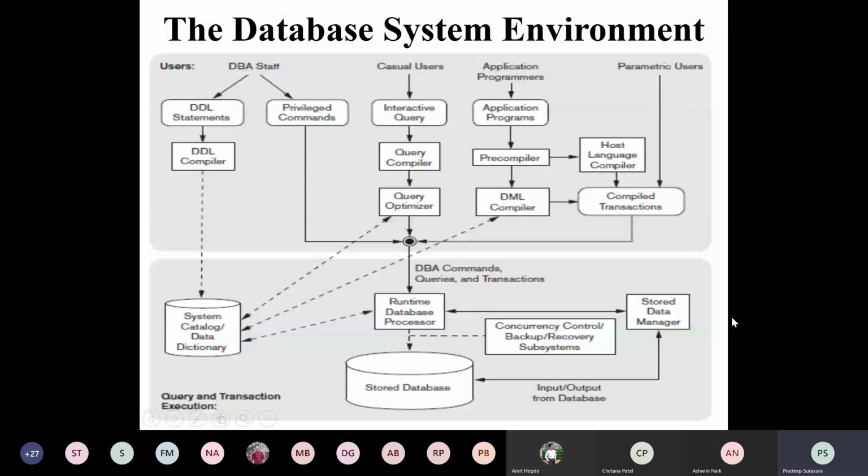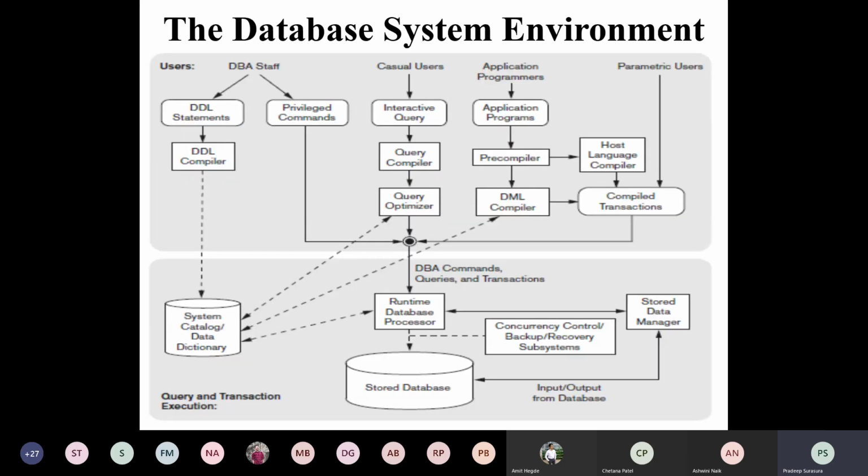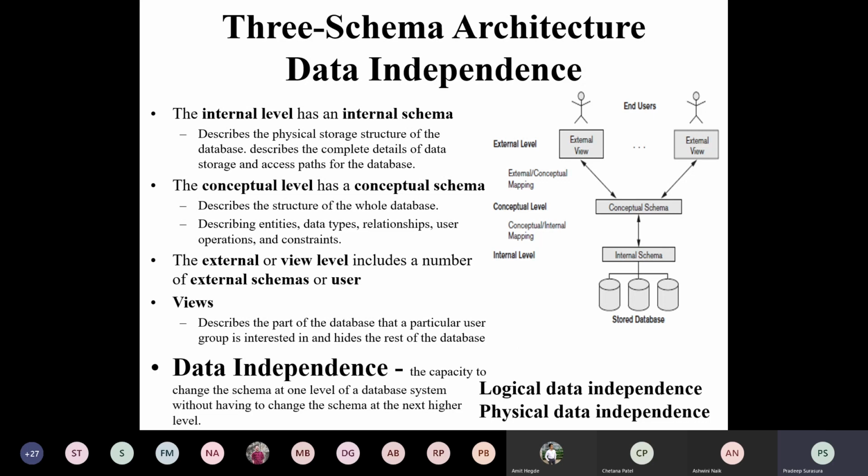So you have come across this, right? This is the whole architecture. See, architecture is different. Please don't mix both of them. Some students, if somebody asks about the system environment or system components, write three scheme architecture. You say three scheme architecture or just architecture, or three tier architecture, or database architecture.